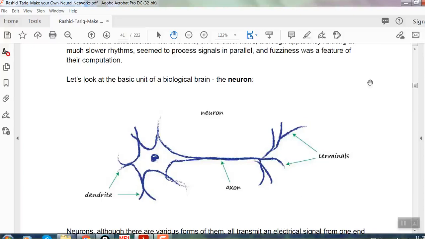A signal comes to the dendrites, then passes along the axon, and then passes through the terminals. This cell is a neuron cell, and the number of neurons in our body is very high.